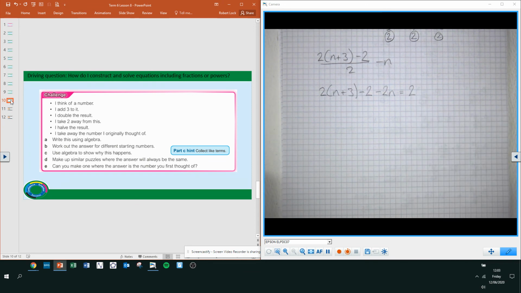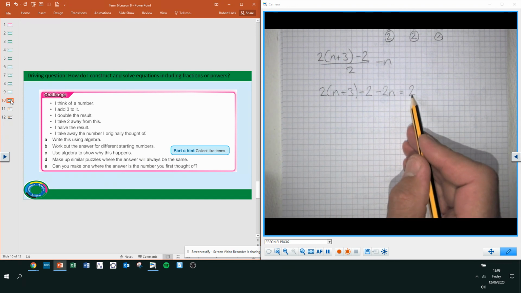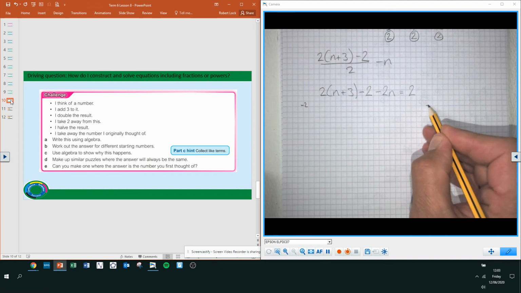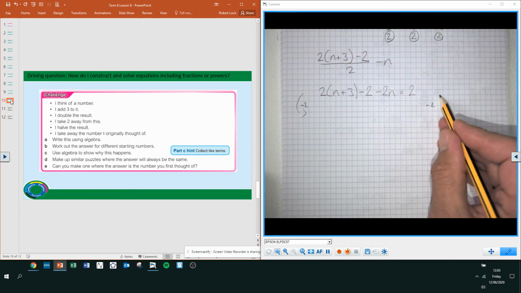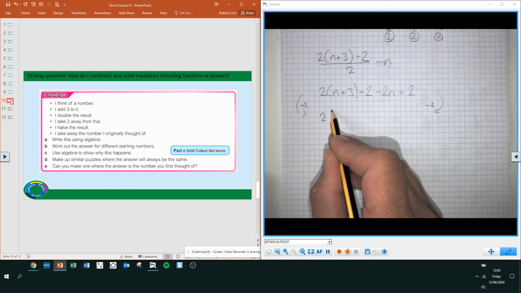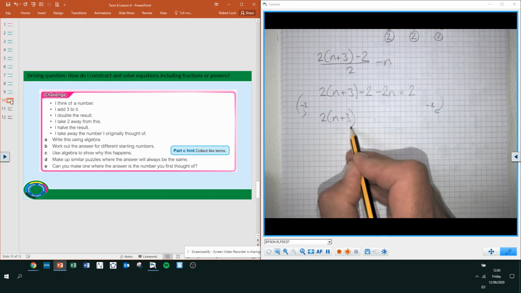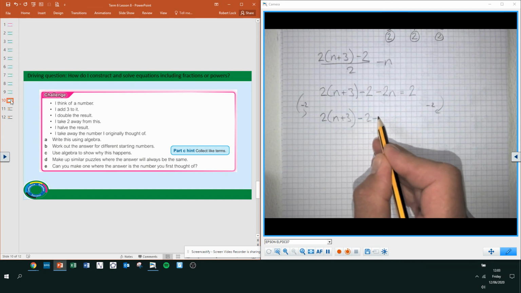What we've now got is an equation. We don't really want to keep an equation. We really want to keep an expression. So get rid of the 2 here with minus 2 on both sides. We end up with 2 bracket n plus 3 close bracket, minus 2, minus 2n.